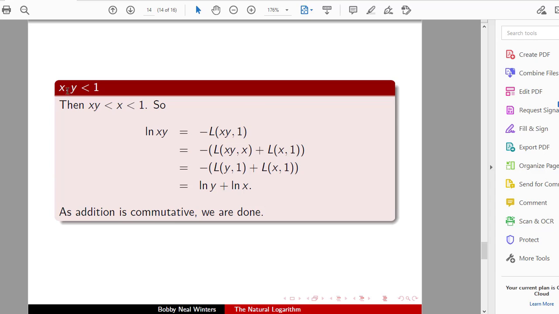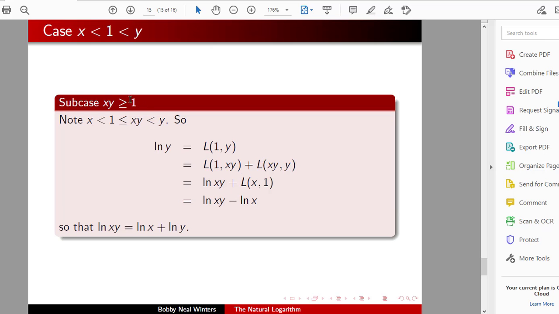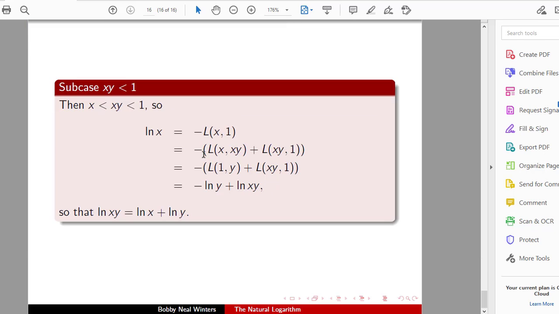What if x and y are both less than 1? You work that out using these steps. A subcase: if x is less than 1 and y is greater than 1, then you work that out again, just being careful, taking your time, using these same properties that we proved about L. And again, in the case when x times y is less than 1, it's a subcase of a subcase of a subcase.